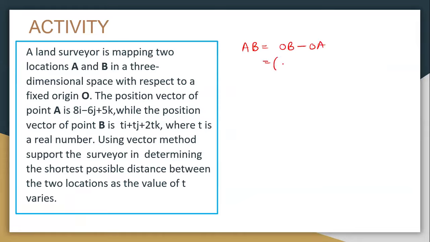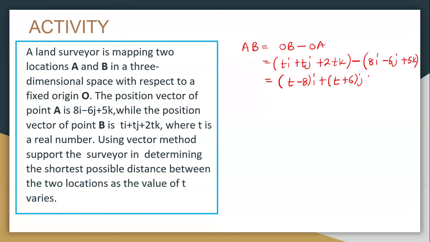So our OB was ti plus tj plus 2tk minus OA, which was 8i minus 6j plus 5k. So this was t minus 8 i plus t plus 6 j plus 2t minus 5 k.